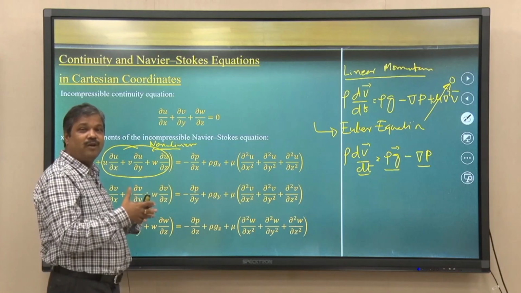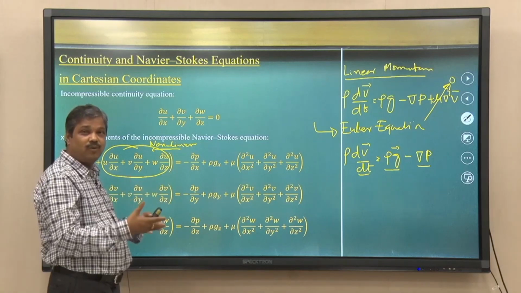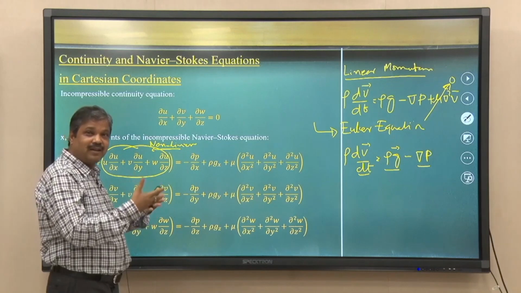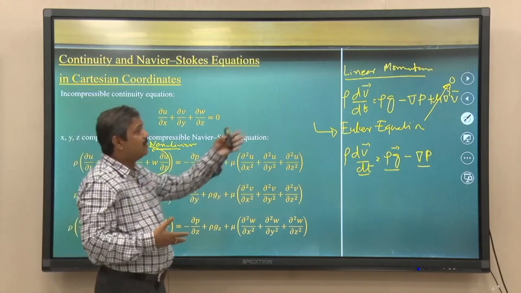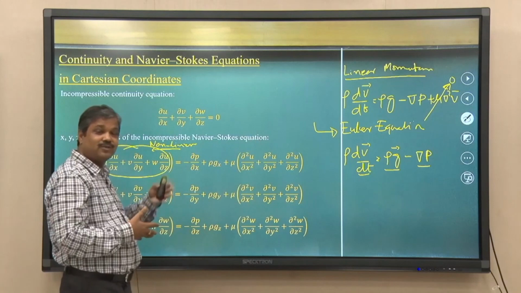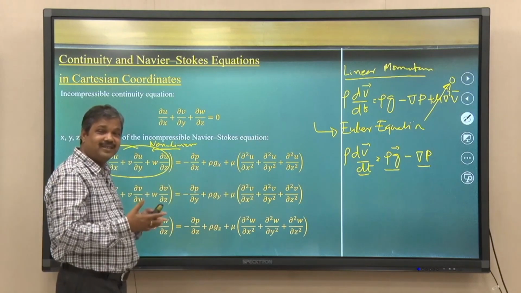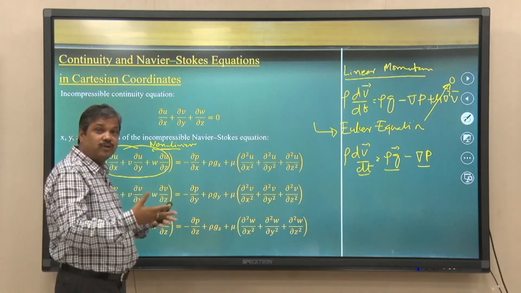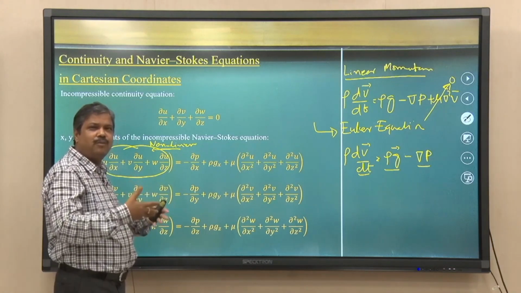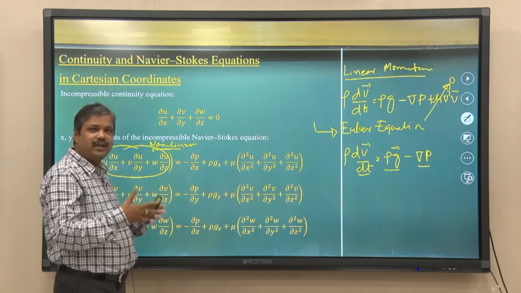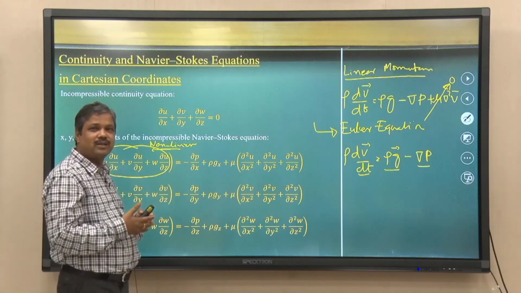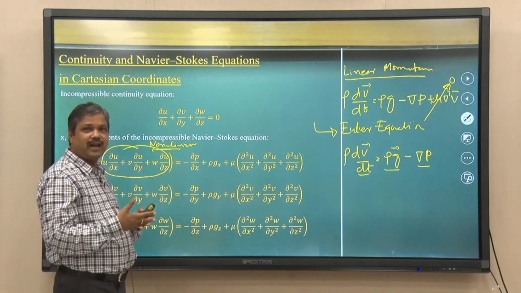But when you go for a very complex flow like turbulent flow, or talk about temperature changes, we can have another equation on energy conservation. That we are not discussing at this undergraduate course level. For turbulent flow we will get very complex equations. Today we can solve all these complex equations using computational fluid dynamics.